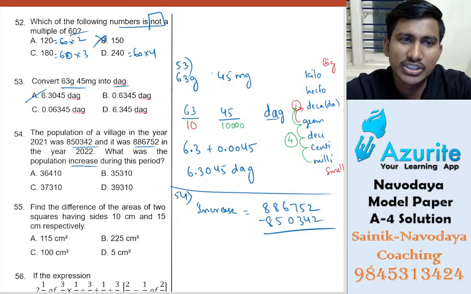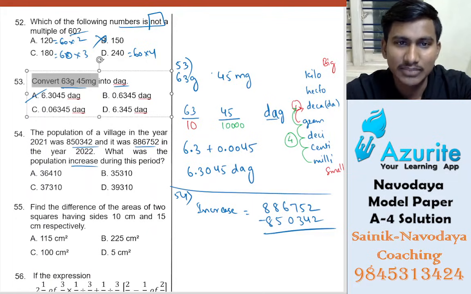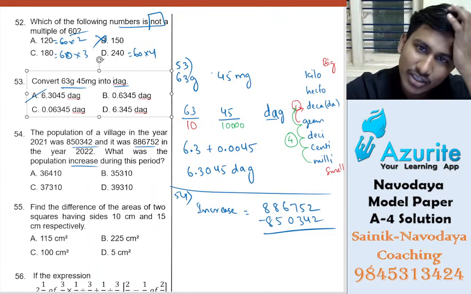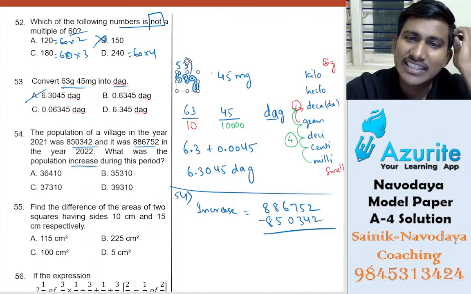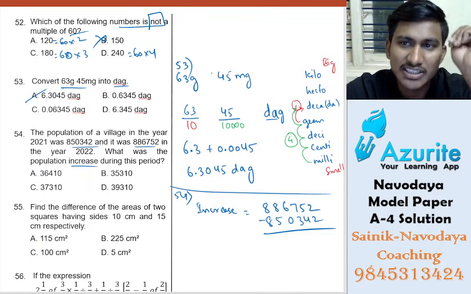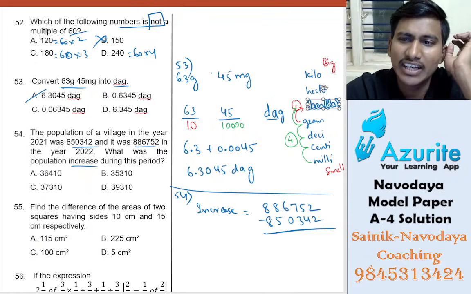So what is the question? Convert 63 gram 45 milligram into decagram. DA means decagram, G means gram. So we have to convert it into decagram. Here it is 63 gram and 45 milligram. We should remember this table: kilo, hecto, deca, gram, deci, centi, milli.